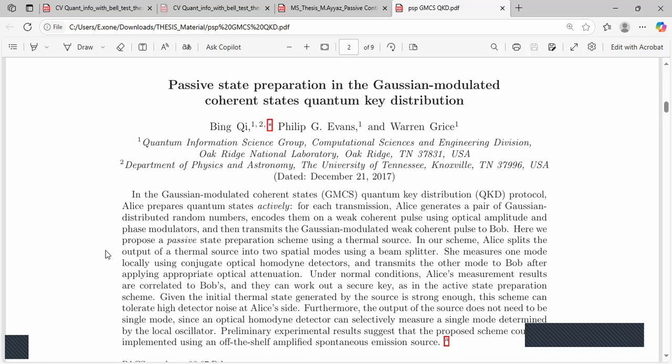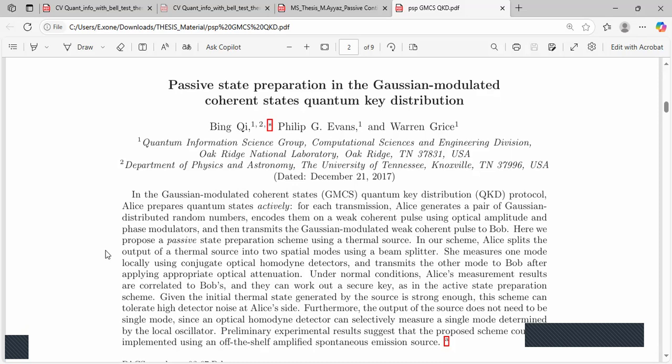But then the idea was introduced to encode the information in the quadratures of the electromagnetic field, and this idea came into being in the early 2000s.